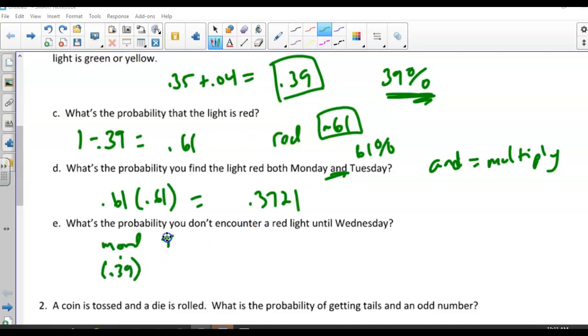And then Tuesday, still it's not red, so 0.39. And then Wednesday, we finally get our red light. So we can multiply these and we get 0.0928.